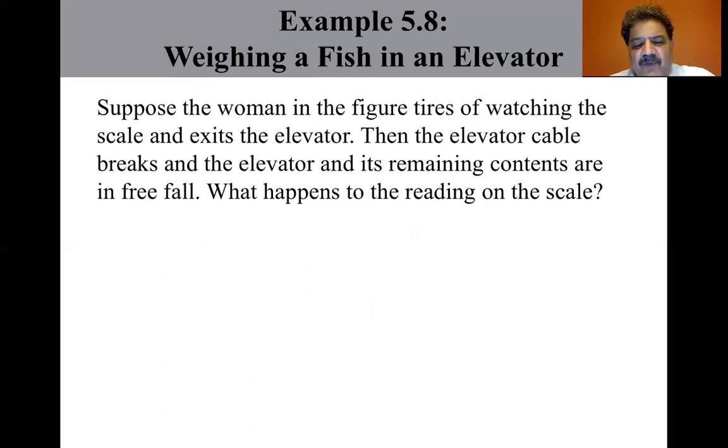Suppose a woman in the figure tires of watching the scale and exits the elevator. Then the elevator cable breaks, and the elevator and its remaining contents are in free fall. What happens to the reading on the scale? If the elevator falls freely, the fish's acceleration is a_y equals minus g.